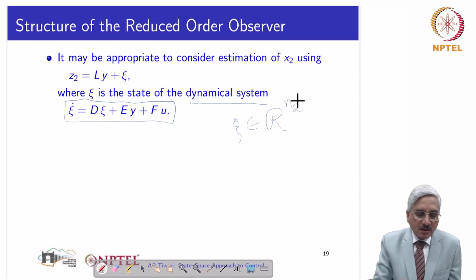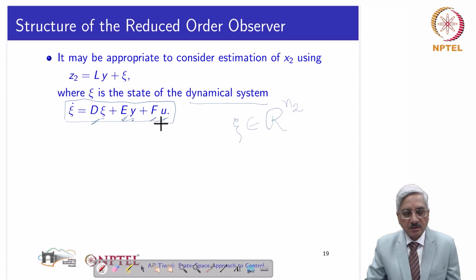We assume that it is characterized by this equation: xi dot is D xi plus E y plus F u. D is the system matrix, E is the input matrix corresponding to the output, and F is the input matrix corresponding to the input of the system. Y and u both are inputs as far as the observer is concerned.